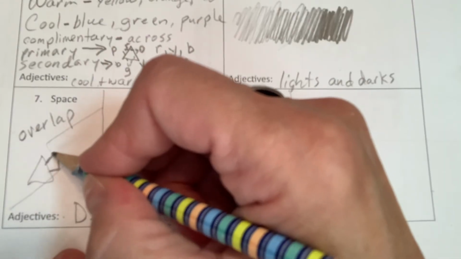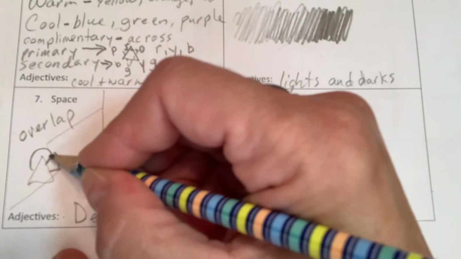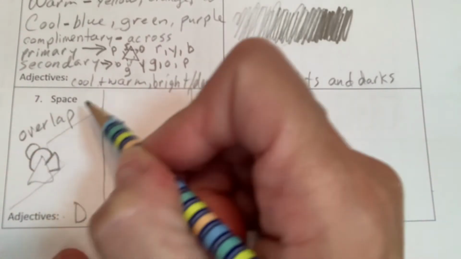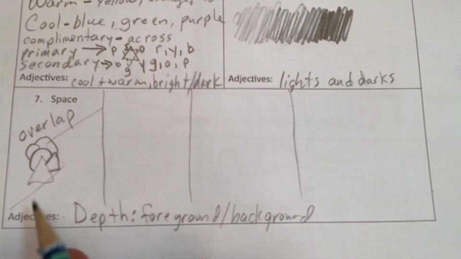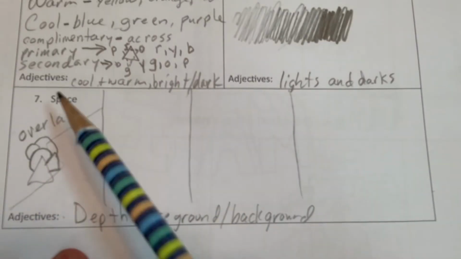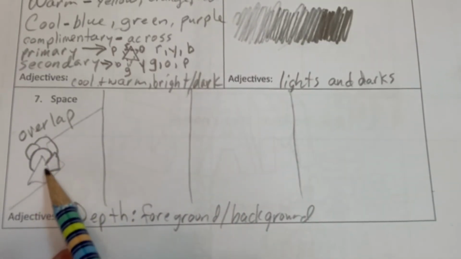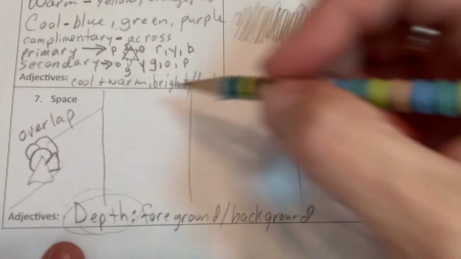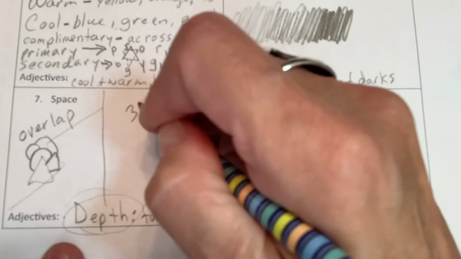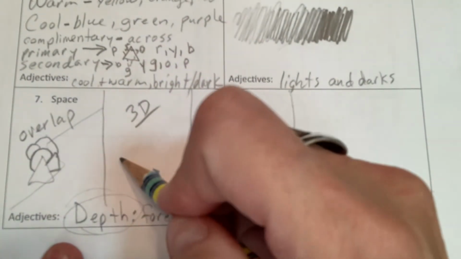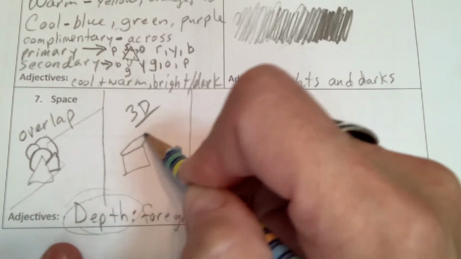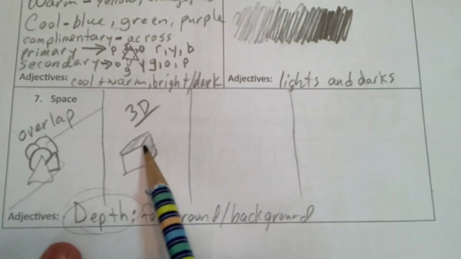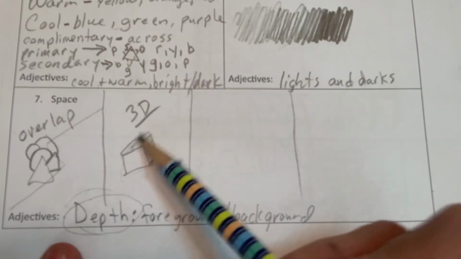This circle is behind those shapes, another circle behind that, and another behind that. Whenever something overlaps, something's in front and something's behind. That shows depth. The other way to show space is anything 3D because it shows depth. This part is the depth right here. This would be flat, but now it has depth because it's 3D.